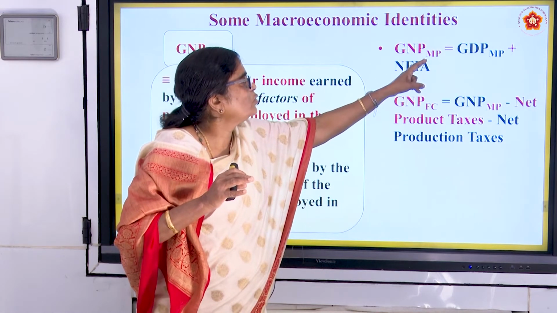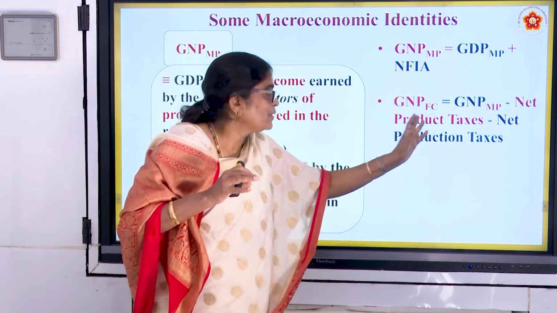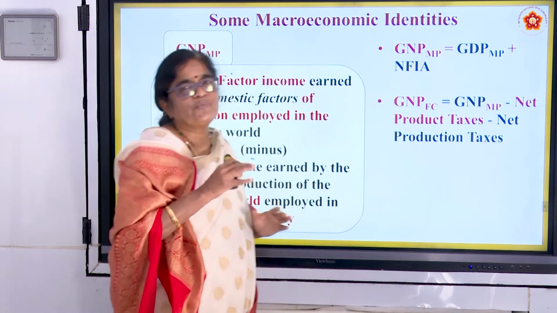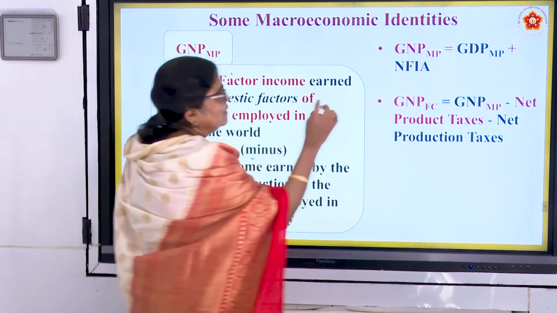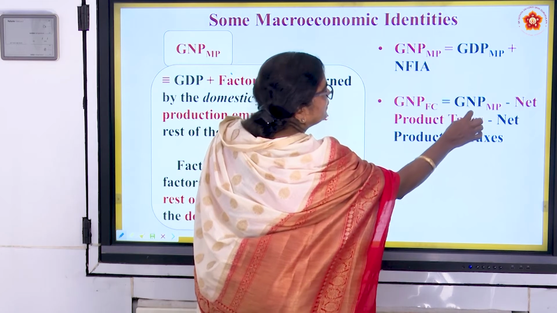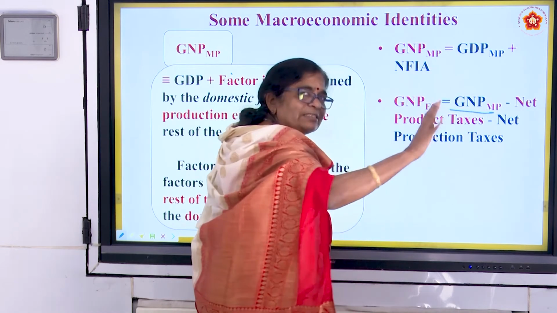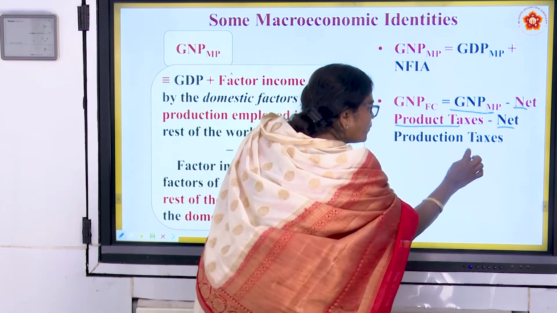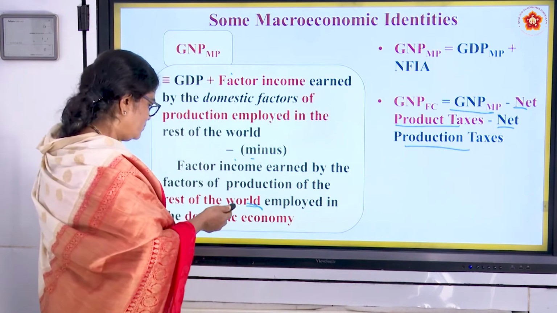From the GNP at market price you deduct net production taxes and net product taxes, and you will end up with factor cost, because factor cost doesn't include any taxes. Therefore, it is easy to remember: from the market price, you deduct all the taxes, net product taxes and net production taxes. I told you two different taxes.